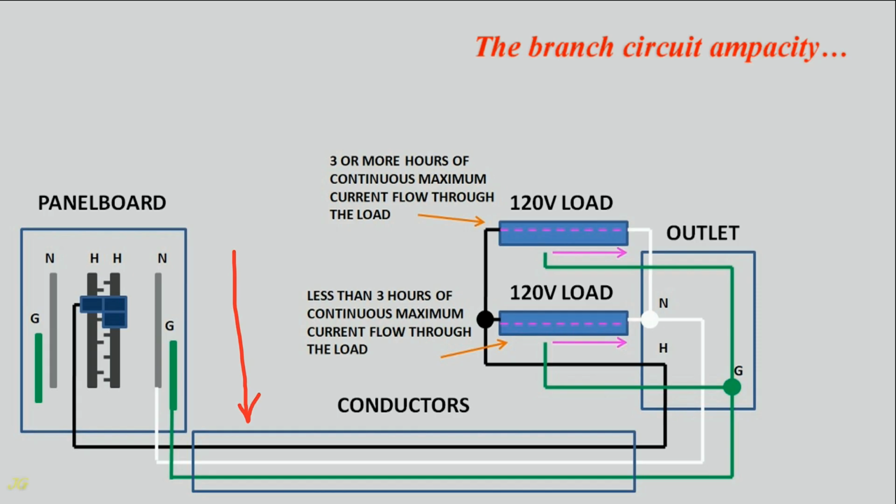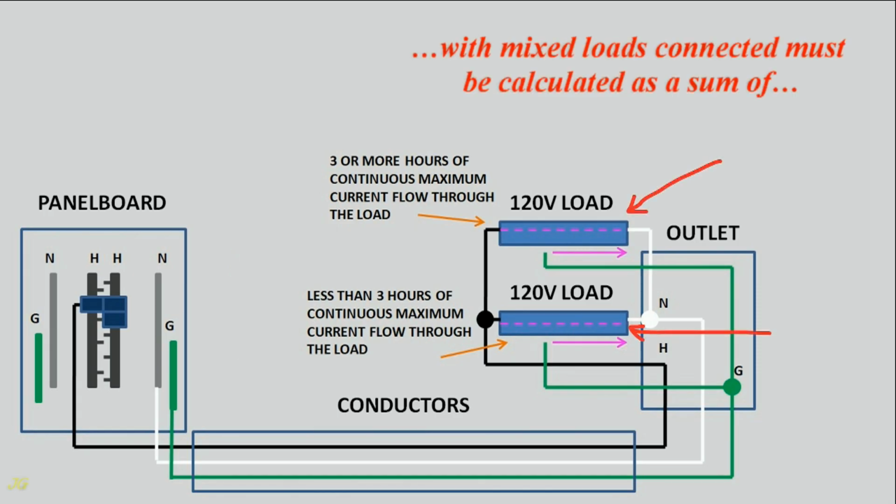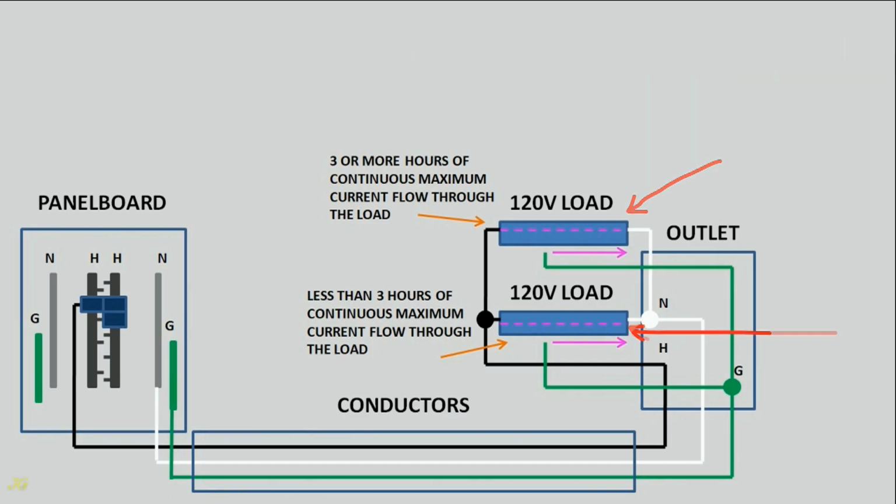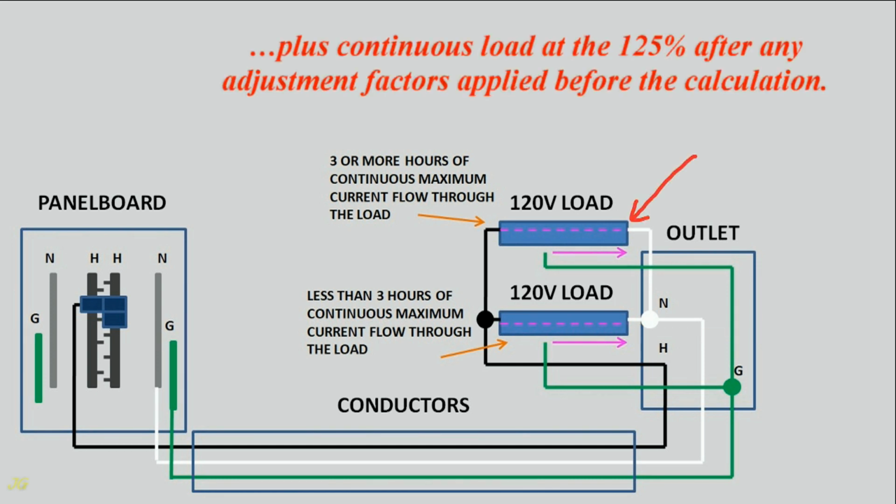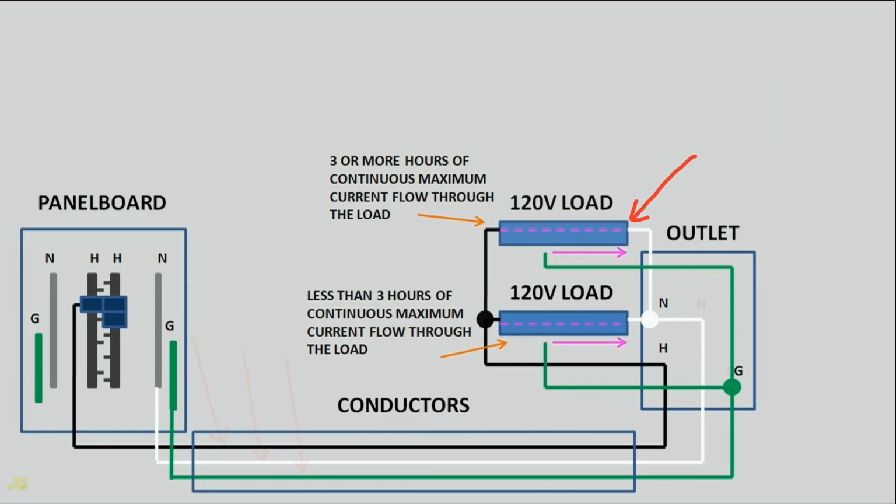The branch circuit ampacity with mixed loads connected must be calculated as a sum of non-continuous load at 100% plus continuous load at 125% after any adjustment factors applied before the calculation.